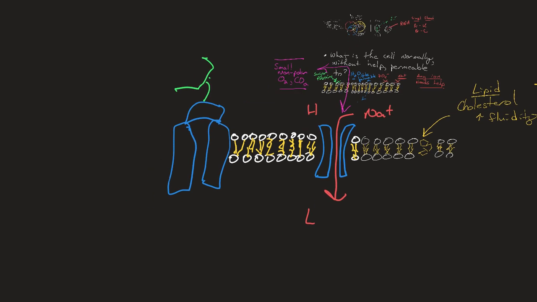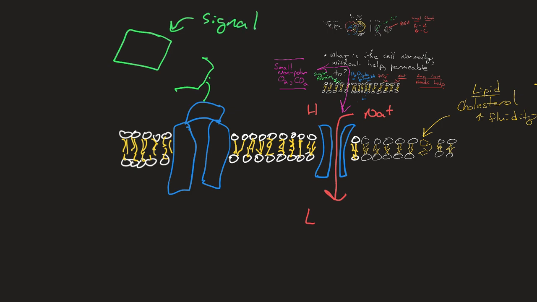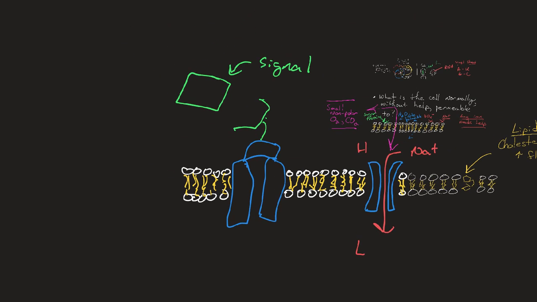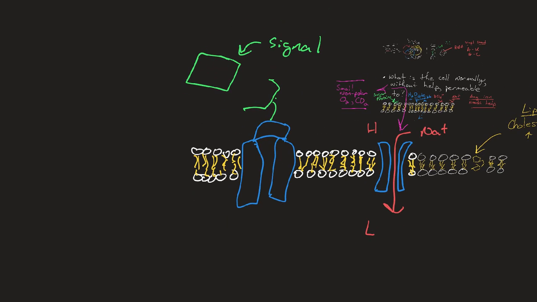When that receptor binds to the signal, hydrogen bonding changes, and that will open the membrane, open the channel. So when that signal binds, the signal is sent from somewhere else.